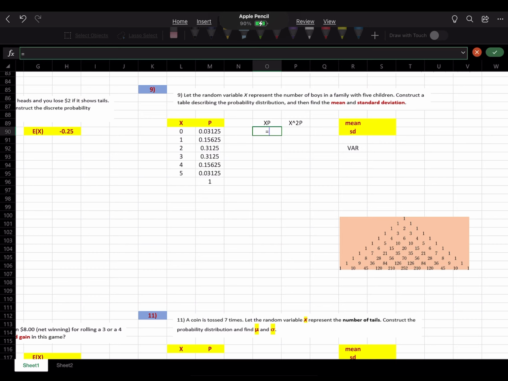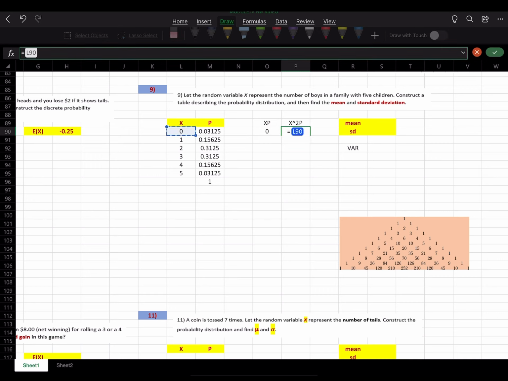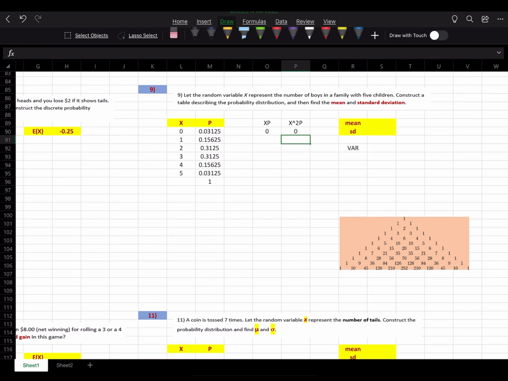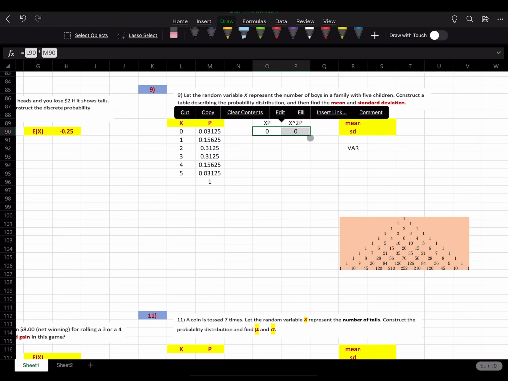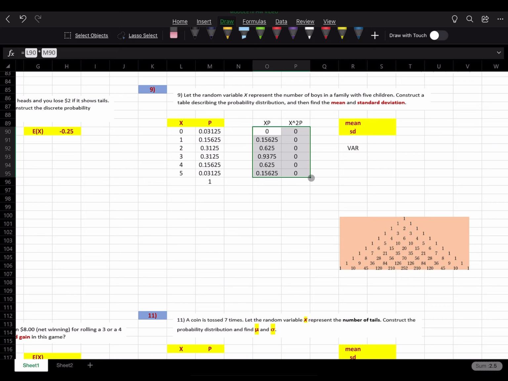So let's calculate the xp's, x times p. And here it's x squared times p. And then you drag it down, both of them. Easier to do this on a PC than an iPad, but I'm trying.